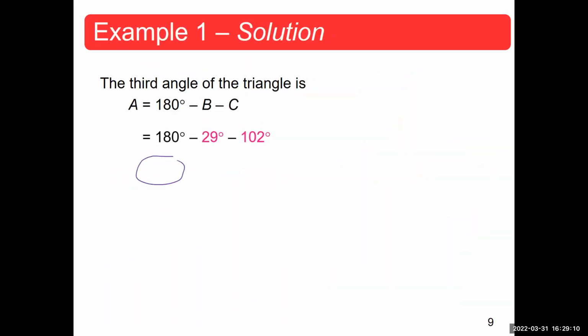There's another formula to calculate the area. It says area equals half side 1 multiplied by side 2 multiplied by the sine of the angle between.